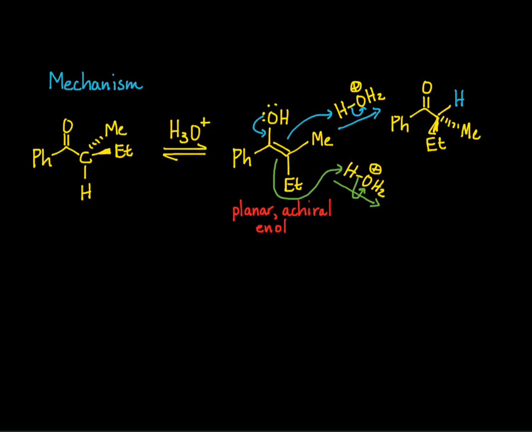In that case, I regenerate the S enantiomer, the S stereoisomer, and therefore either one of these can happen, and so I get a racemic mixture and I lose optical activity, which is pretty cool, unless you don't want to lose optical activity.